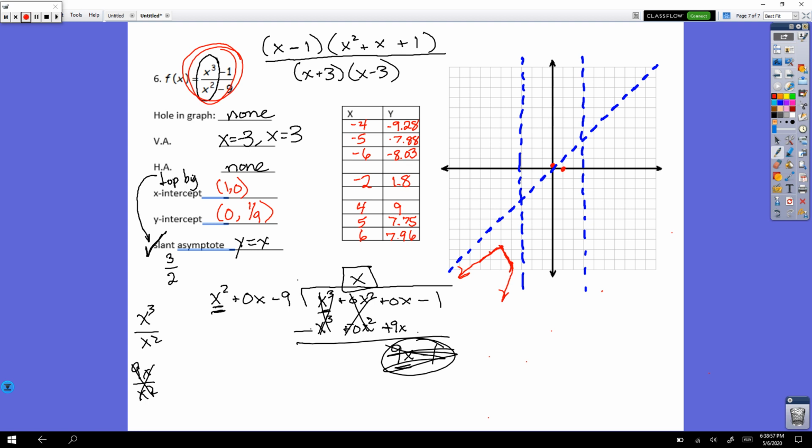Try and round that out a little bit. In the middle, -2, 1.8, and that looks something like this. On the right side, 4, 9, 5, 7.75, 6, 7.96.